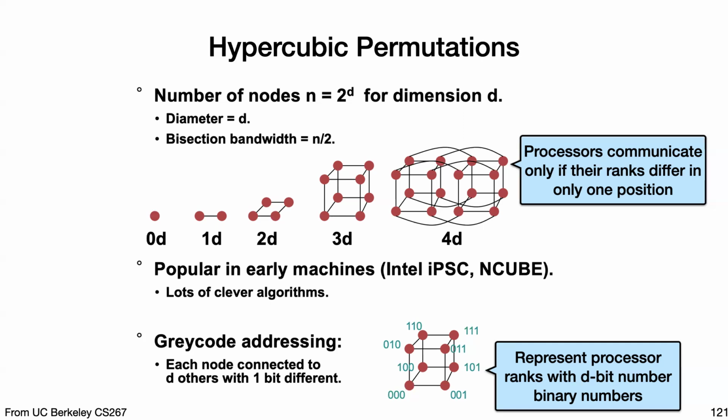And there's the same property for all the other ones. Sorry, 0, 0, 1 is connected to 0, 0, 0. This is changing in the middle bit. This is changing in the first bit. And this is really popular in early distributed memory computing.